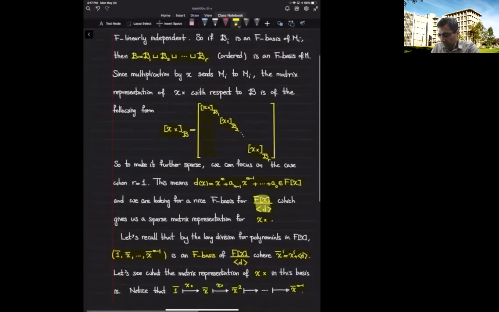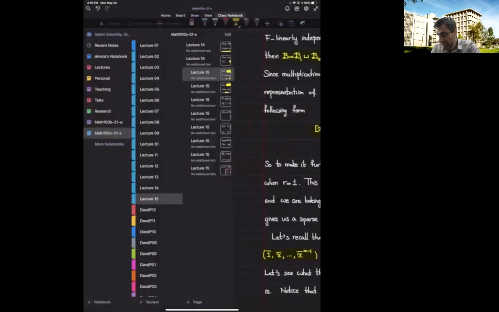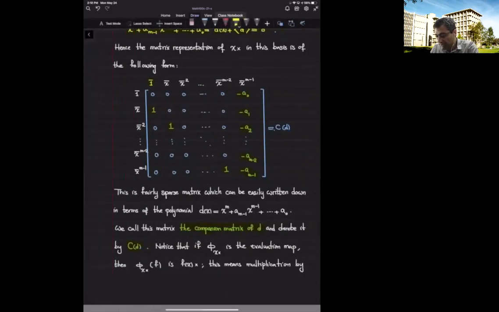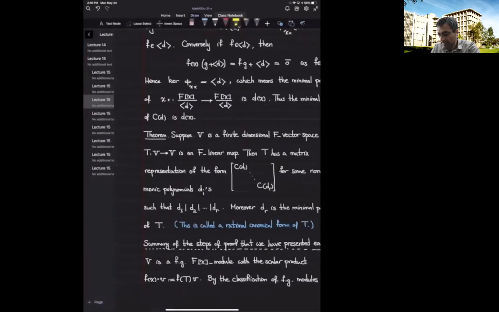For these ones, we found a basis of this form, where the matrix form of multiplication by X is nothing but the companion matrix of D. So I have to put here the companion matrix of D1, here the companion matrix of D2, up to the companion matrix of Dr. That's a fairly sparse matrix, and it gives us a fairly good understanding of how this linear transformation works.